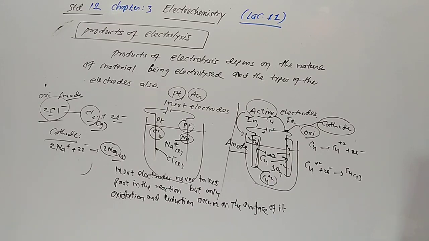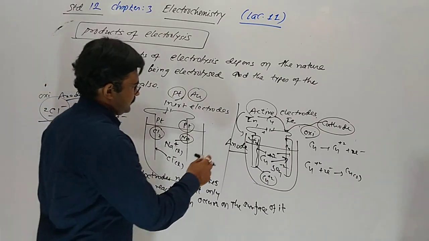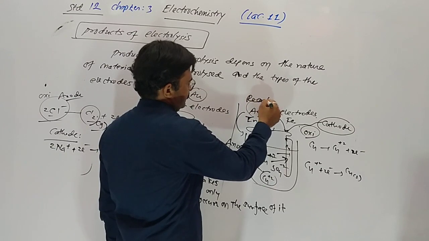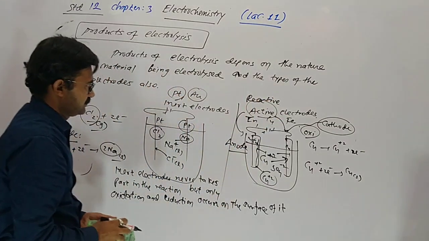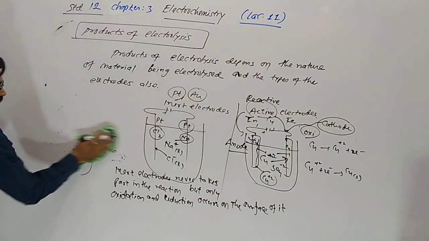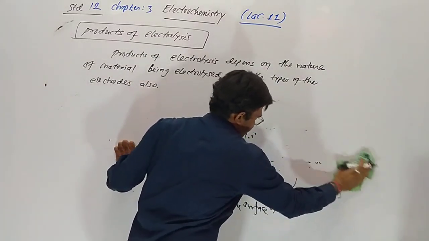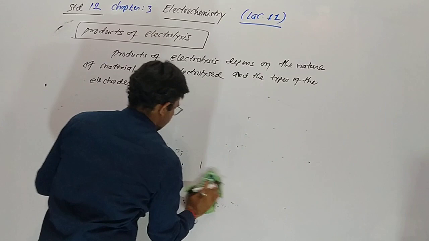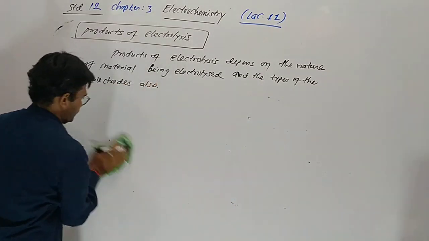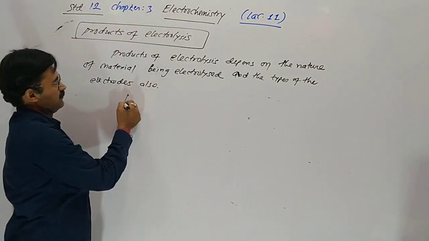Understood? The product of the electrolysis may be different for reactive and inert electrodes.